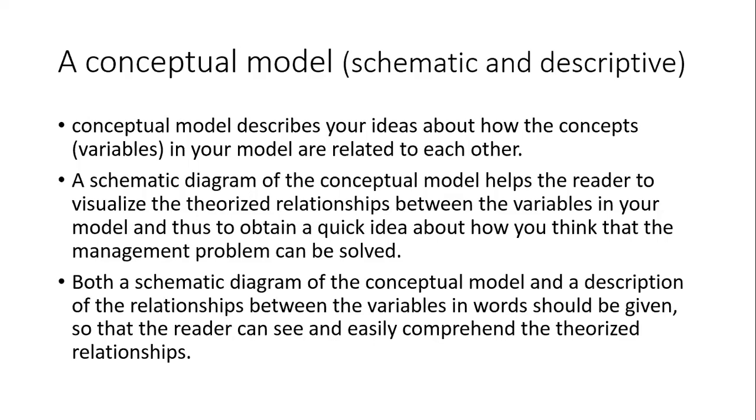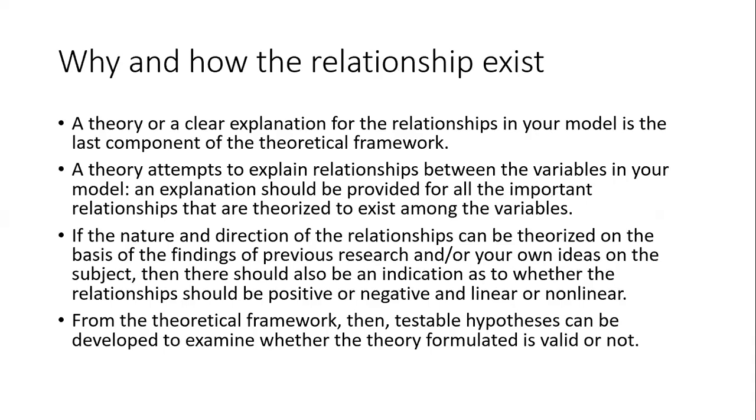You have to define the relationships as well. Okay, why there is a relationship between the variables. ठीक है, ये भी आपको बताना है. Schematic diagram भी बनानी है, plus आपको ये बताना है कि relationship between the variables जो है वो किस तरह से डेवलप हुआ है, क्या लॉजिक है, थ्योरेटिकल.